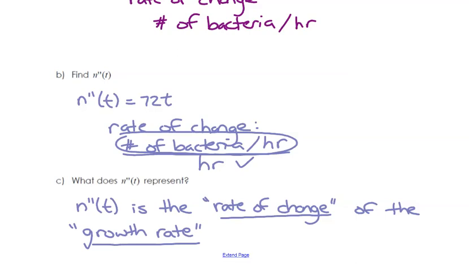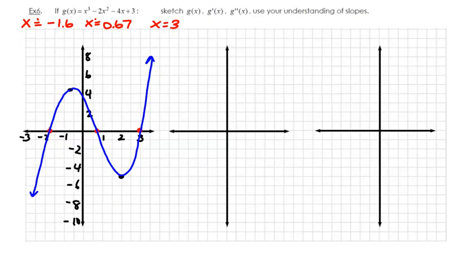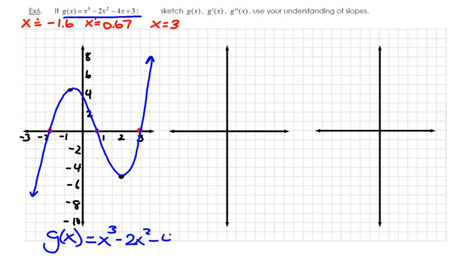All right, so let's take a look at some graphs now. Okay, so our very last question, example number 6, gives us an original function, and that's going to be in blue. So this guy is g of x, and we have something like x cubed minus 2x squared minus 4x plus 3.